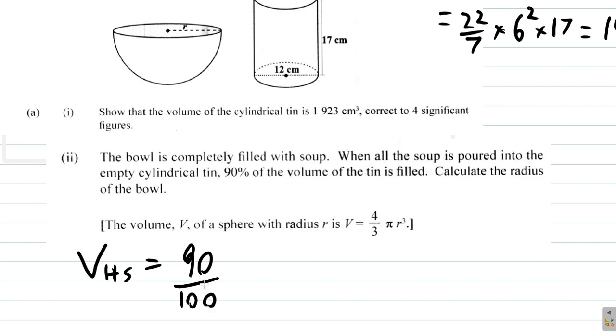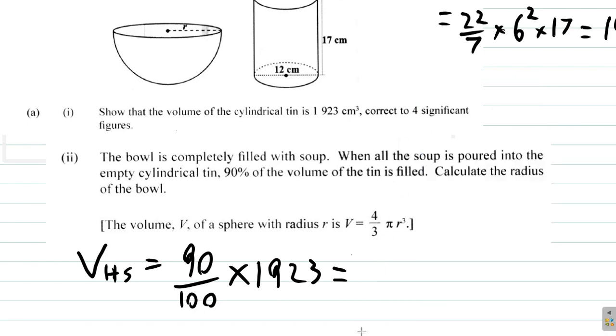I think it's from the Latin word centrum, meaning 100. 90% of means multiply of, or 90/100 of the volume of the hemisphere. That would be what?